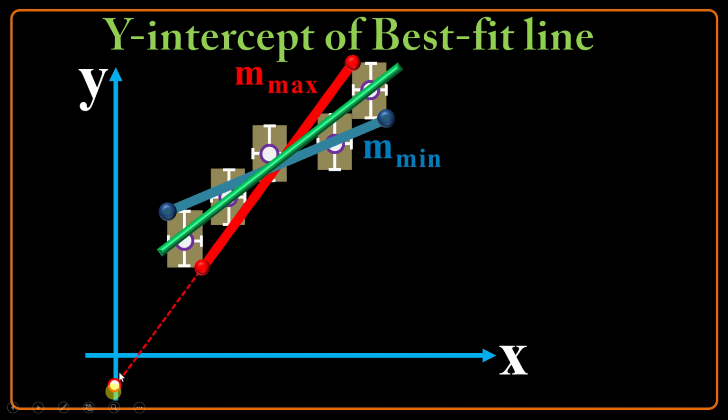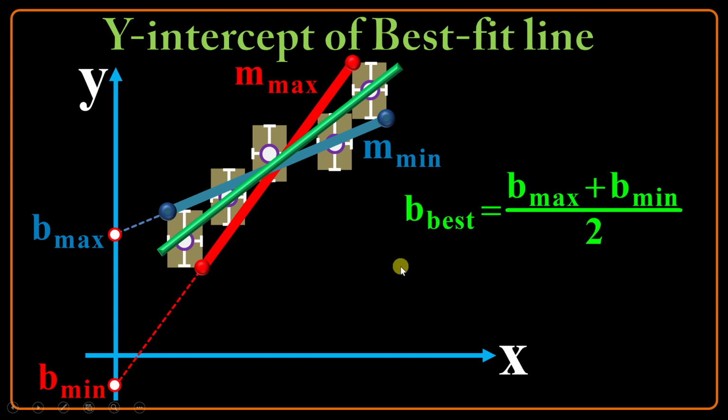It has an intercept with y-axis, with vertical axis, and so let's name it b minimum. As you see, the maximum slope gives minimum y-intercept. Also, I can extend the blue line with the minimum slope to find the maximum y-intercept, and let's name it b max.